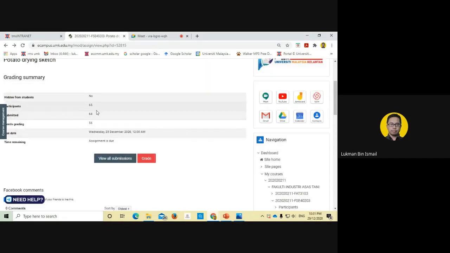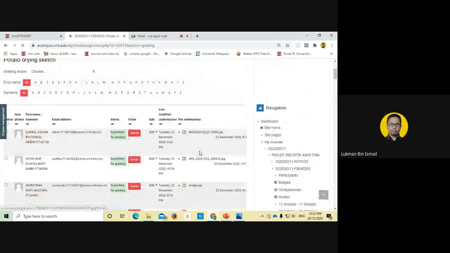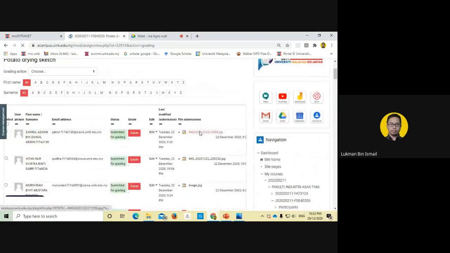Some have been graded already. For example, Zakrul has submitted his diagram.